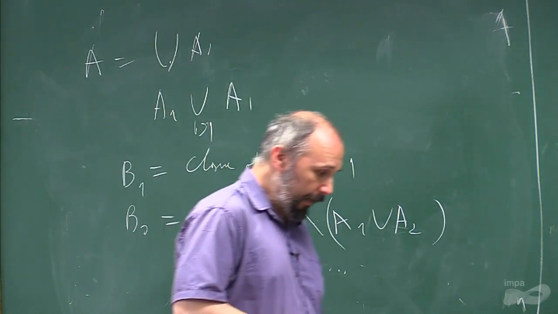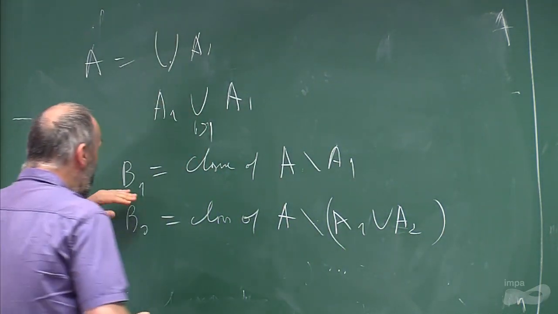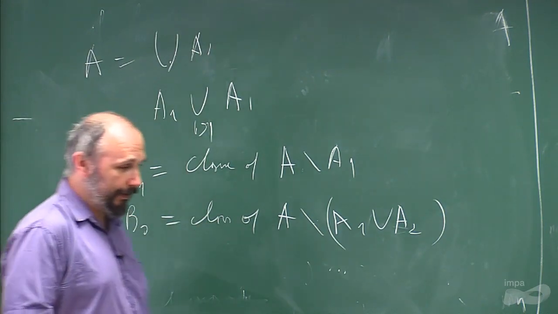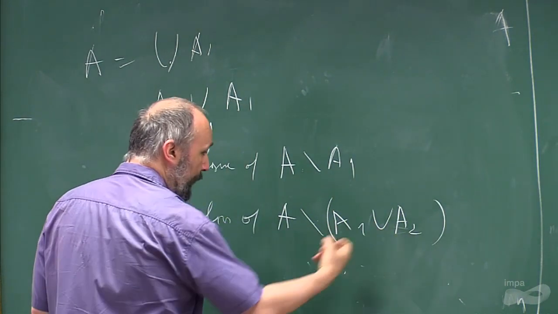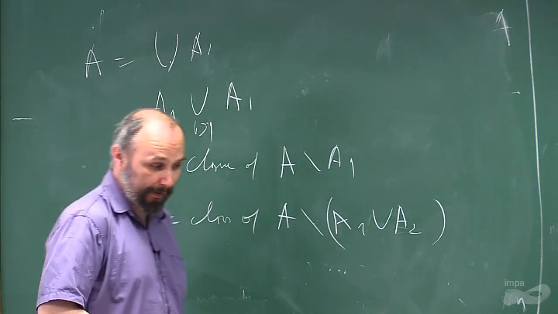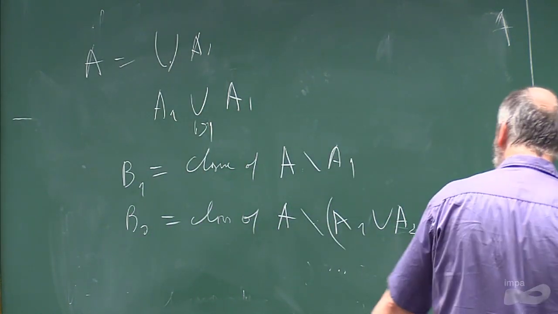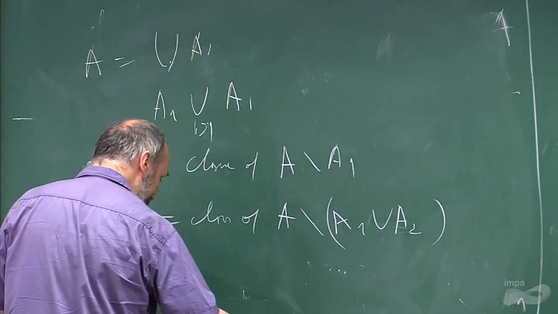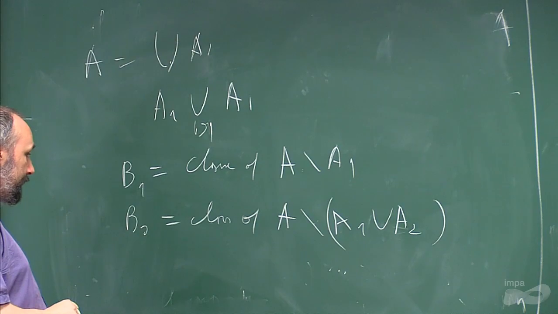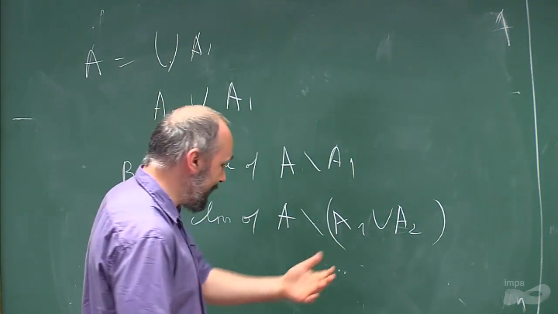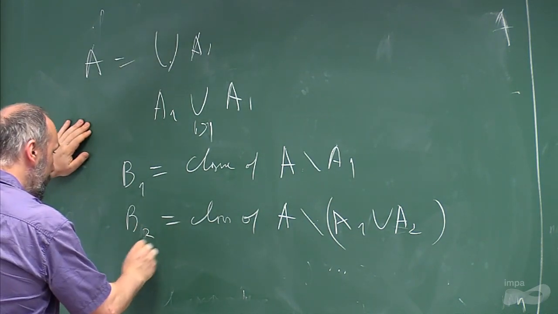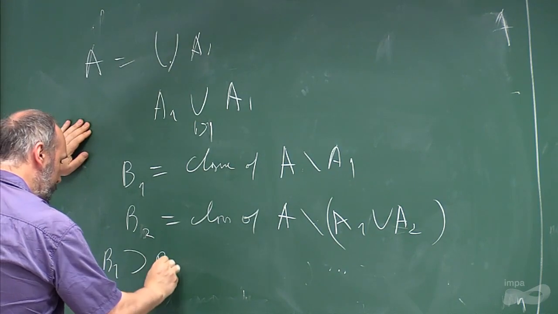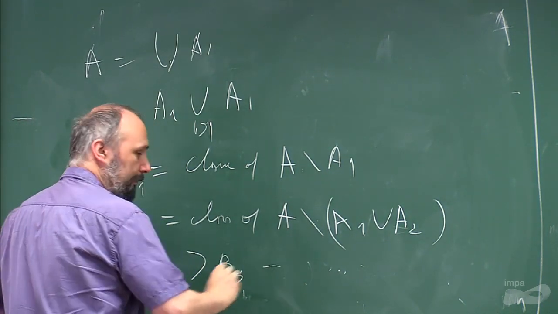So B_i is contained in the union of the rest. It doesn't contain some points in A1, some points in A2, for that reason. Otherwise they wouldn't be irreducible, because the union of the rest is algebraic as well. So this is a decreasing chain: B1 containing B2, containing B3, and so on.